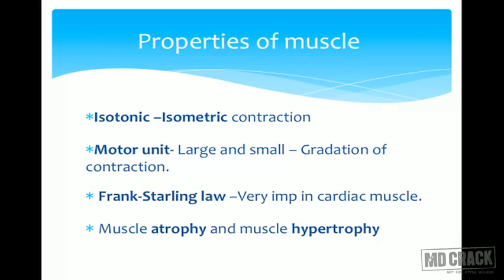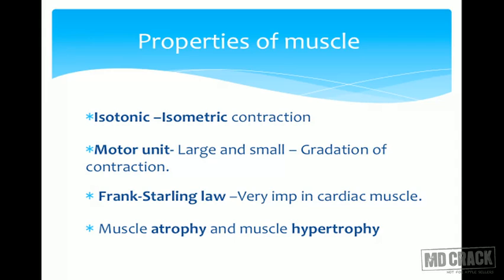Motor units are also useful so that the muscle can work for a long time. Suppose there are motor units in the back muscle, and if I am standing here for a very long time, my back muscle will get fatigued if all the muscle fibers are acting together. So what will happen in my back? Some motor units will contract, but some motor units will be in the relaxed state.